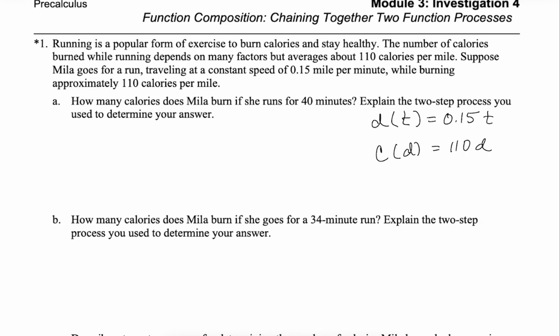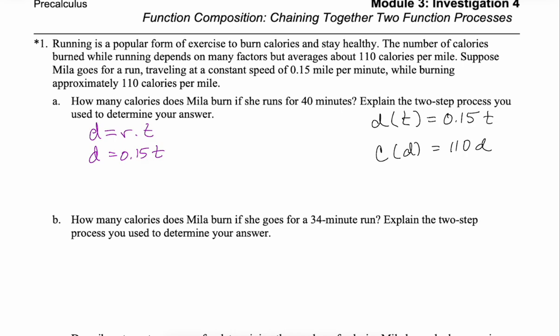Okay, so let's think about the process we have to go through. First off, we need to know how many miles she went, right? So we know that distance equals rate times time. Her rate is 0.15 miles per minute. So that gives us that her distance is 0.15t. So that's the function for her distance.